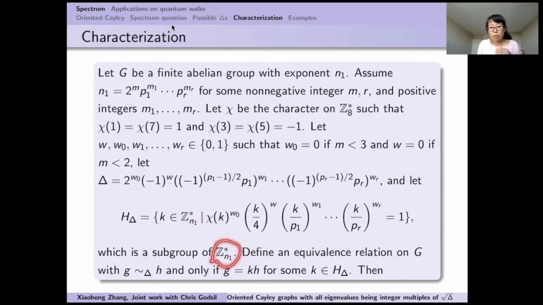Again, it's isomorphic to the Galois group of the cyclotomic field over the rational field Q. Using this subgroup, we define an equivalence relation on the group G. We say 2 elements are delta related if there is an element K in the corresponding subgroup, such that multiplying one element by K, we get the other.